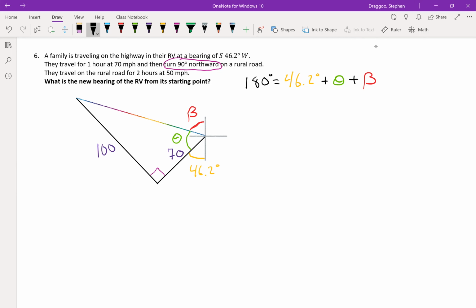So I'll need to first get that interior angle. Looks like, again, it came out to be a tangent problem. So theta is equal to the inverse tangent of 100 divided by 70.